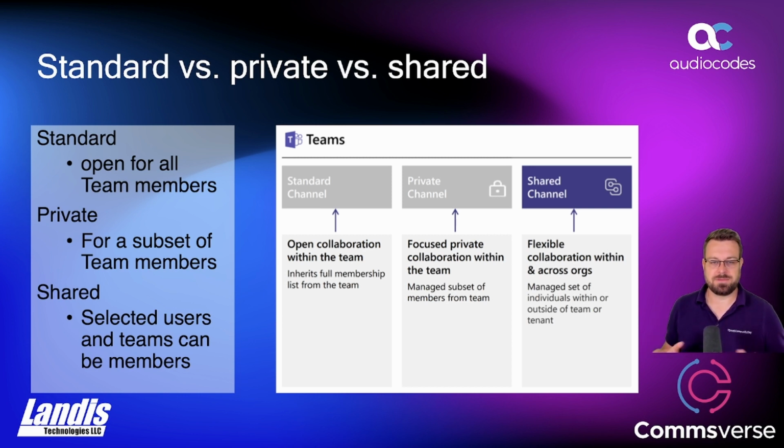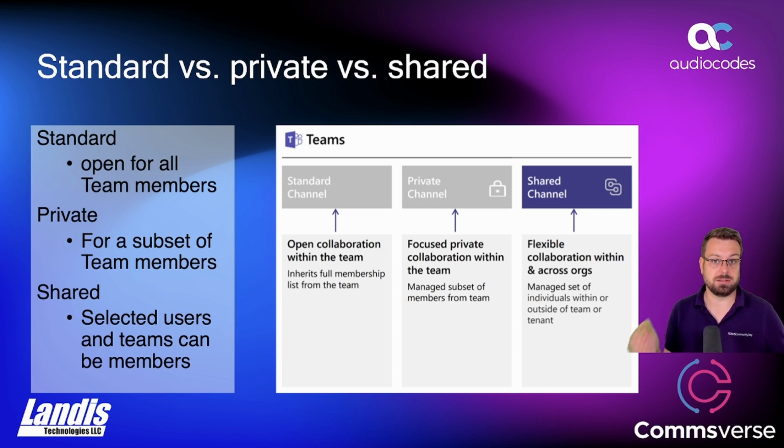So let's talk about the different channels at the beginning. First of all, as I mentioned before, the standard channel is open for everyone. So you have a standard channel and everyone can collaborate, work together, chat together, access the files, internal and external.